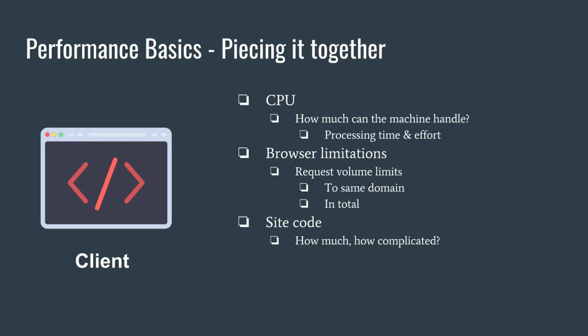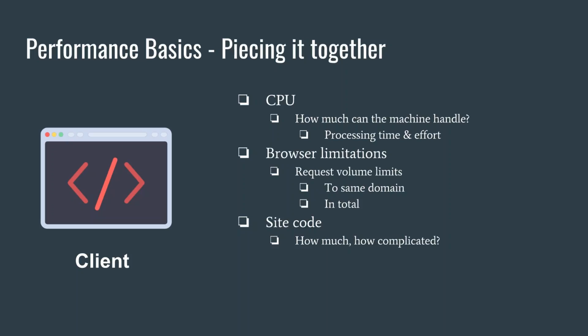So the processing effort possible on the client side, based upon the CPU available for that machine, is going to affect performance. It's going to affect how quickly different things are processed, and how quickly the browser is able to capture all the data being sent to it and compile it together to render the web page and display it to the user.